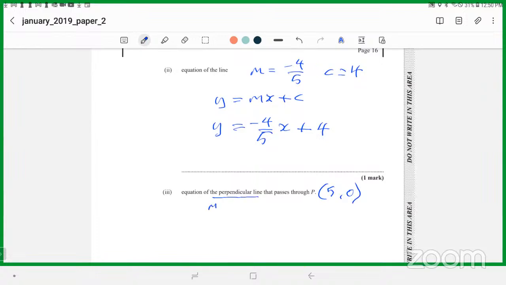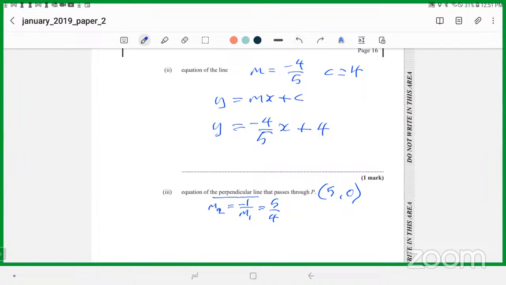The perpendicular gradient is -1 over the gradient of line 1. So to get this perpendicular gradient, we flip the gradient and change the sign. It becomes positive 5 over 4.